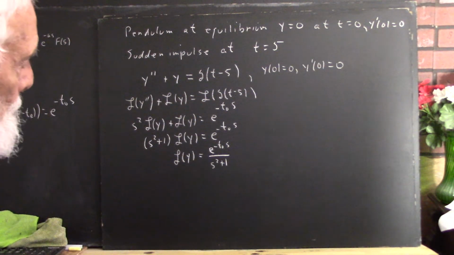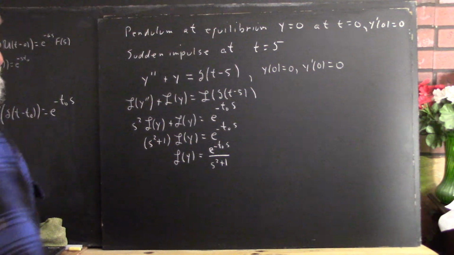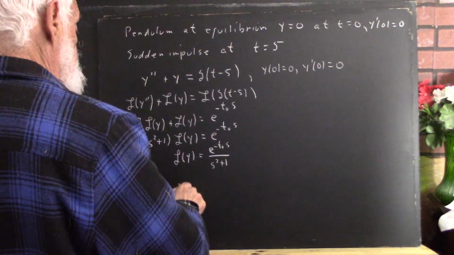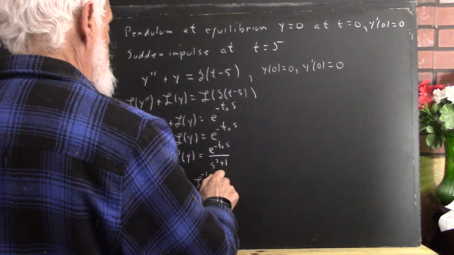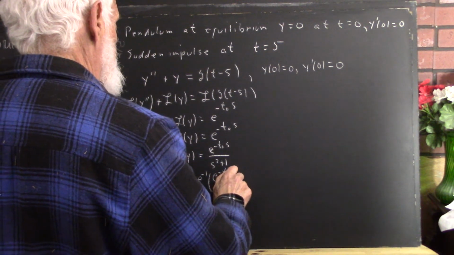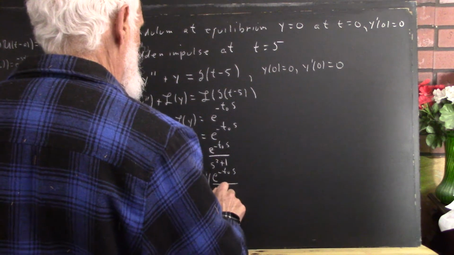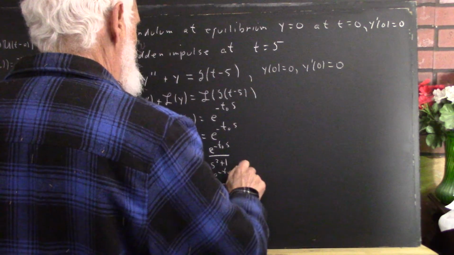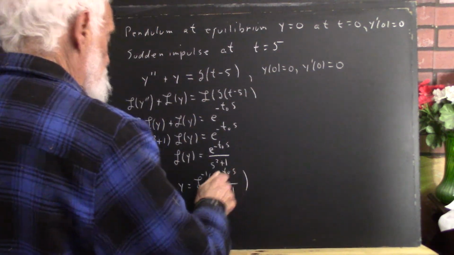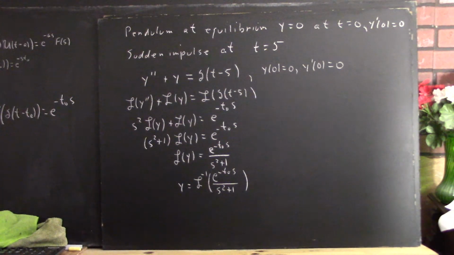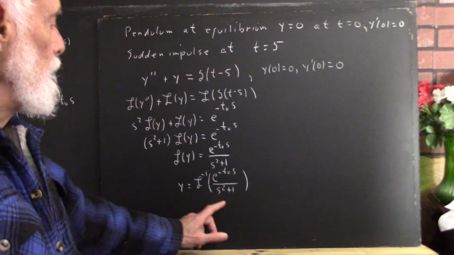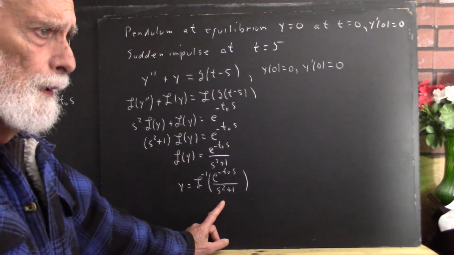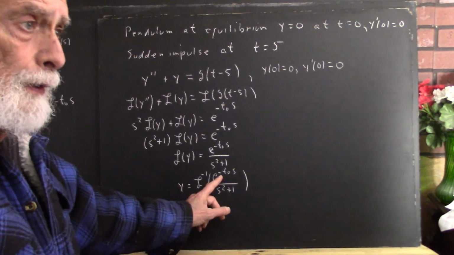Okay, well, then y is the inverse transform of e to the negative t naught s over s squared plus 1. And this is just the inverse Laplace transform of 1 over s squared plus 1 shifted to the right t naught units.